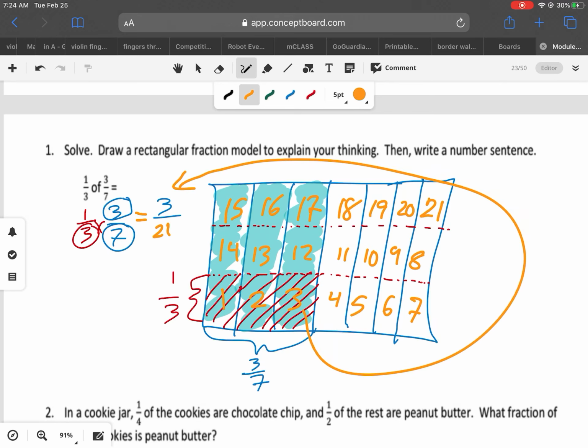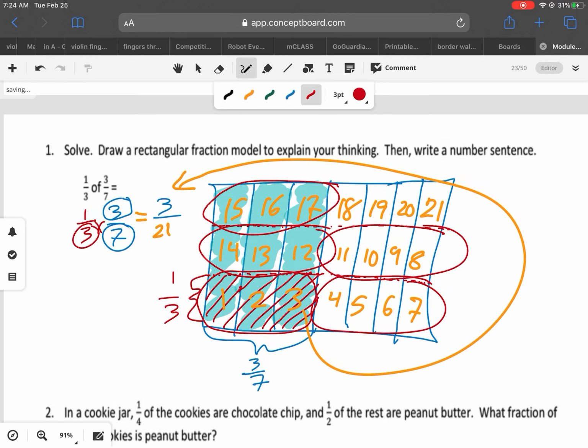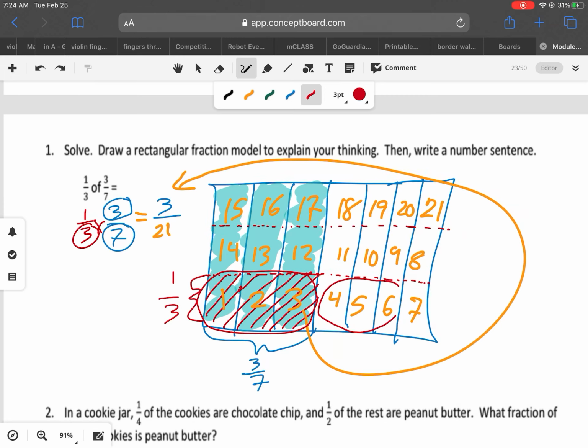Now, if you're just wondering how do I get 1/7, well, we can look at this a different way. We can look at grouping these as 1, 2, 3, 4, 5, 6. Uh-oh, what happened there? I don't know if you caught what my mistake was. We have to do it in thirds.